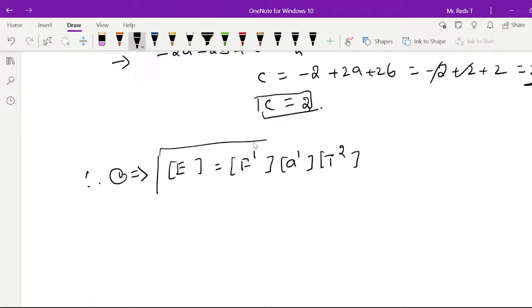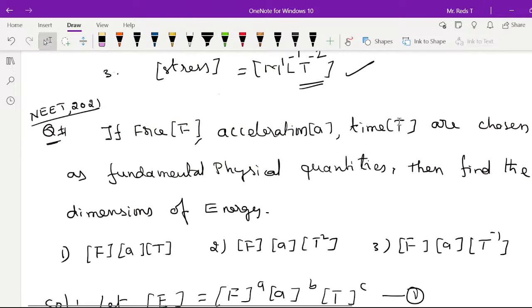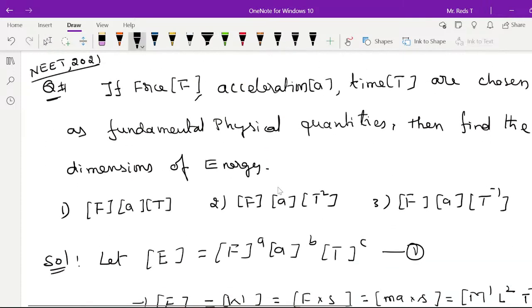This will be the correct answer, and whichever option it is in, you can choose that option. So I think it is option B, F A T power 2. So this is how you have to do this kind of question.